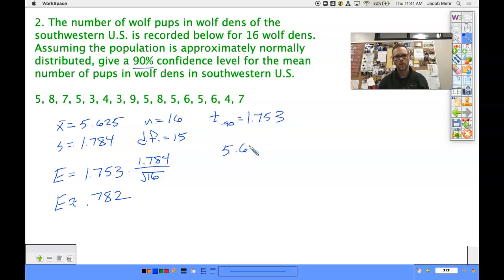So we can take our sample mean and subtract that, and then add it.